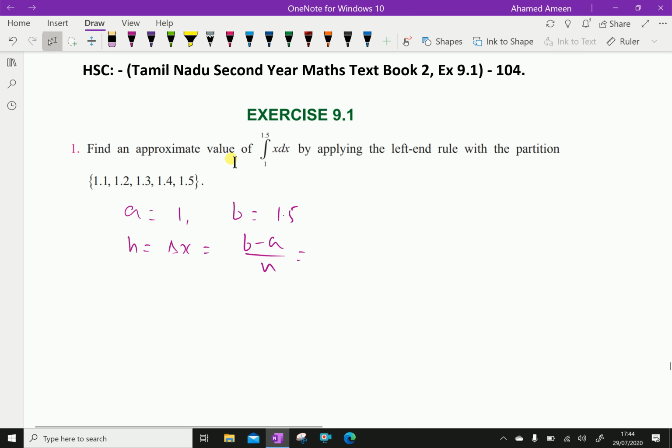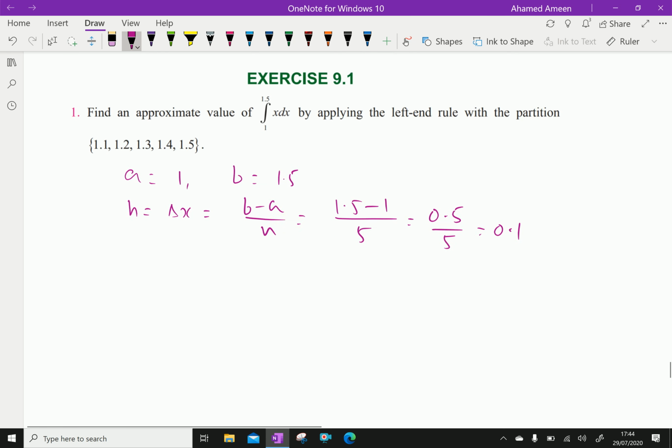Therefore, delta x is (1.5 minus 1) over 5, equal to 0.5 over 5, which equals 0.1. So H is 0.1.